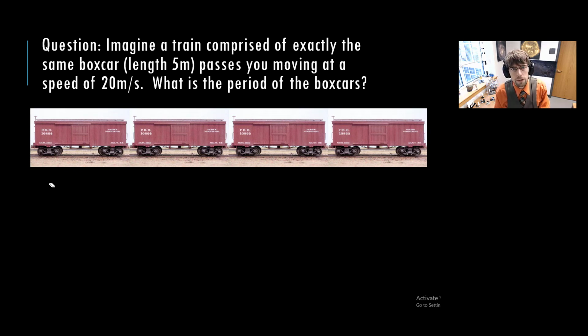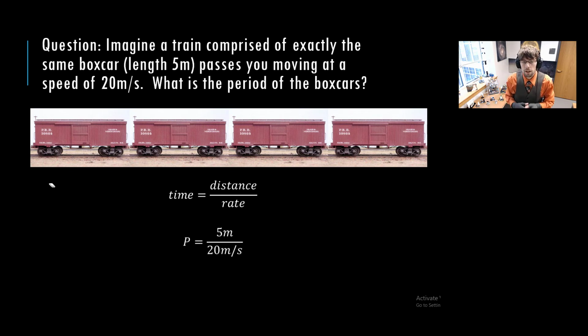No fancy equations required. You know that distance equals rate times time. Well, I'll go ahead and use distance equals rate times time, except I'm going to move rate to the other side of the equation. So the time, how long it takes for the train to travel the 5 meters, is given by how far and how fast.